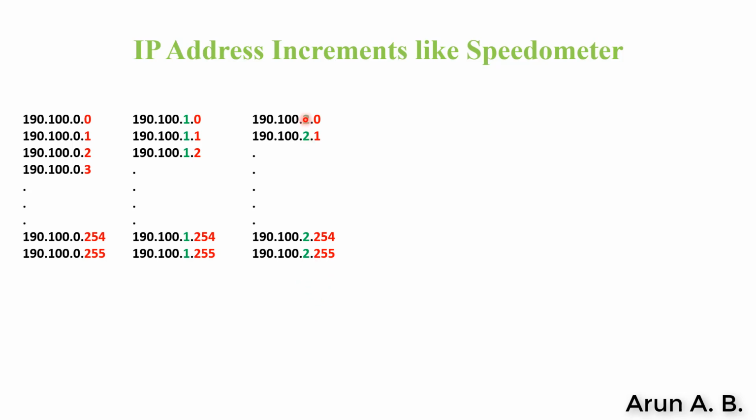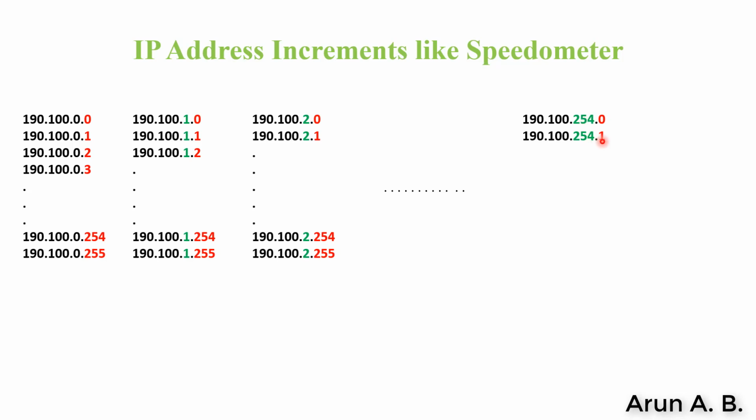Like this, in each one of these blocks we can have up to 255. As you can see, in block number 0 we can have 256 IP addresses. Again, in block number 1 we can have 256 hosts. Similarly, in block number 2 we can have 256 hosts. Like this the value reaches up to 254, 190.100.254.0.